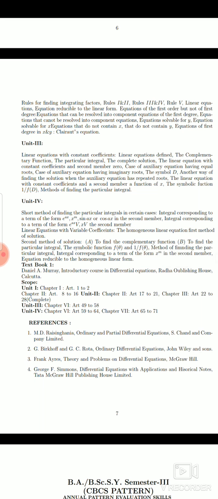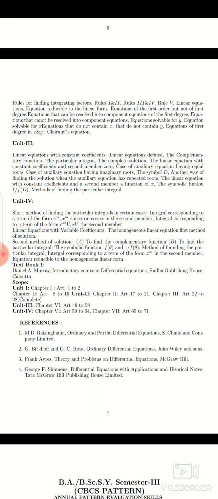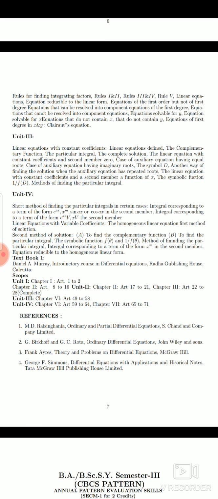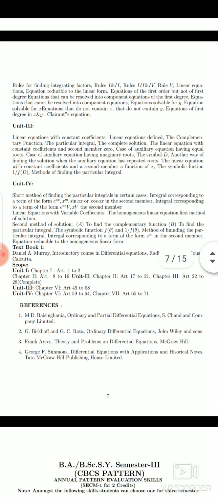And unit third: linear equation with constant coefficient, linear equation definition, the complementary function, the particular integral, the complete solution, the linear equation with constant coefficient and second member 0, case of auxiliary equation having equal roots, case of auxiliary equation having imaginary root, the symbol D, another way of finding the solution when the auxiliary equation has repeated roots, the linear equation with constant coefficient and second member a function of x.